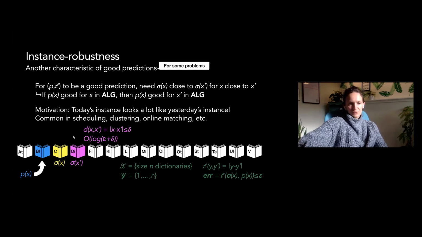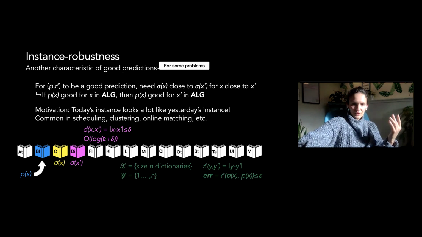And in using this same prediction, you are still able to do a faster binary search. So again, the distance function on the instances here makes sense to be the difference between the indices of the instances.